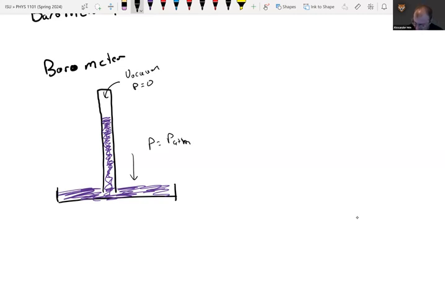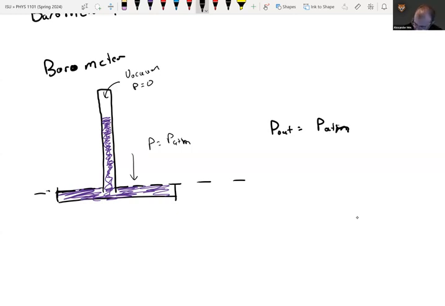Well, if I do a big bold line right there on top of the fluid, the idea is that we want to have equalization of pressures. So P outside is just equal to P atmospheric.